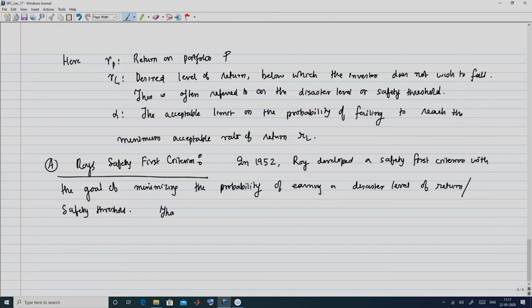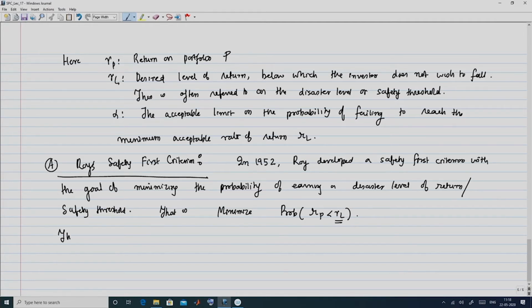So, the goal is to minimize this probability that your portfolio return is below your safety threshold or the disaster level.